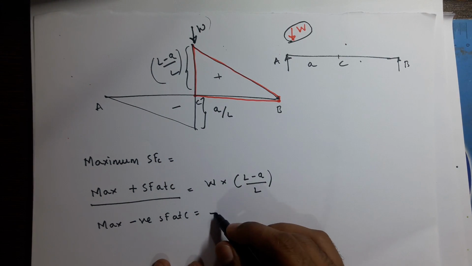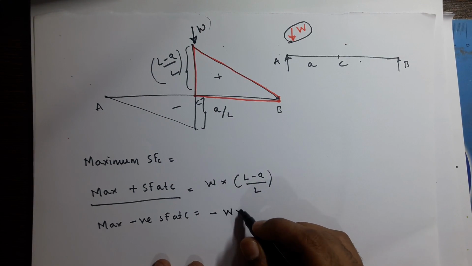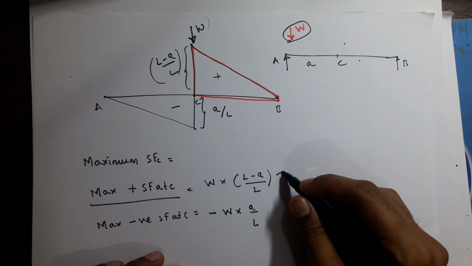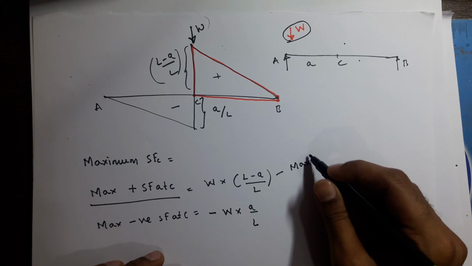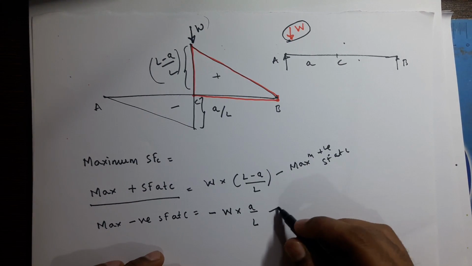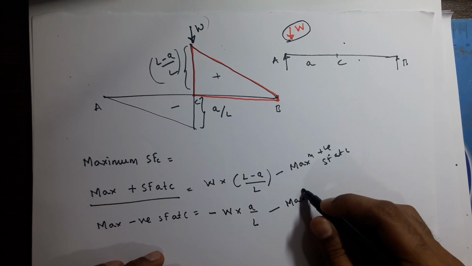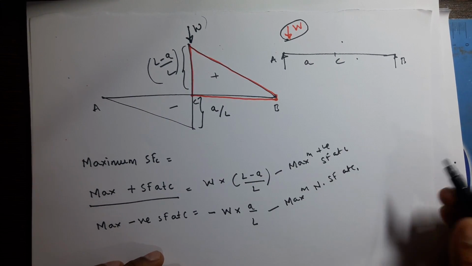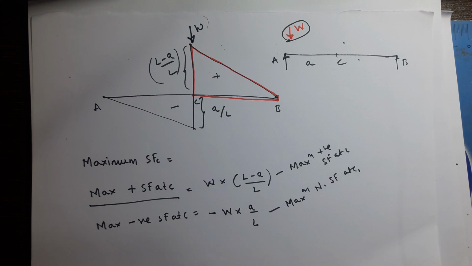So I can write here minus W into a by L. So this is maximum positive shear force at C. This is maximum negative shear force at C. So in this way we have to place the load so as to calculate maximum shear force at C, positive and negative.